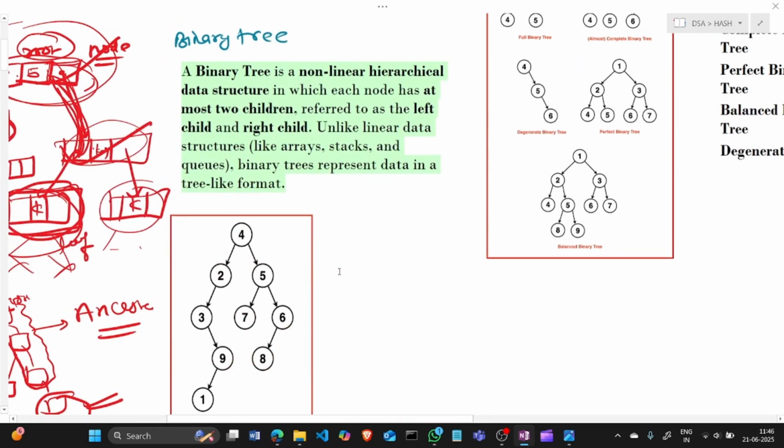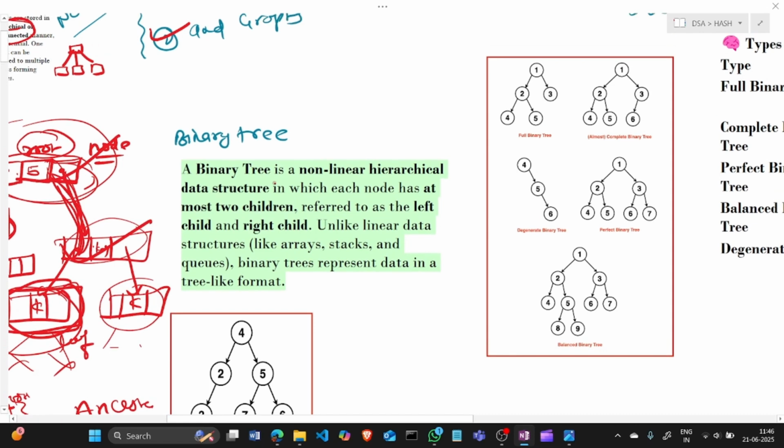Let's see what a binary tree is. A binary tree is a non-linear hierarchical structure which has at most two children. It can have zero children, one child, or two, but more than two is not allowed. So this is a binary tree.